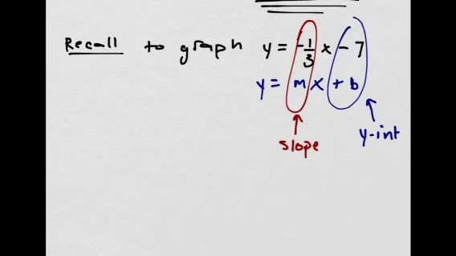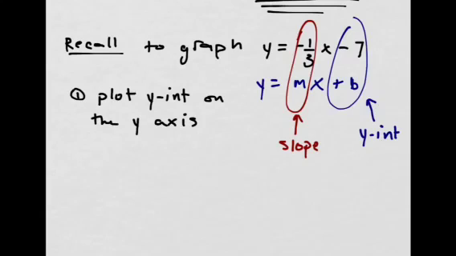So to graph this, plot the y-intercept first. It's on the y-axis, of course. That's the first step. The second step is, from that y-intercept, follow the slope.